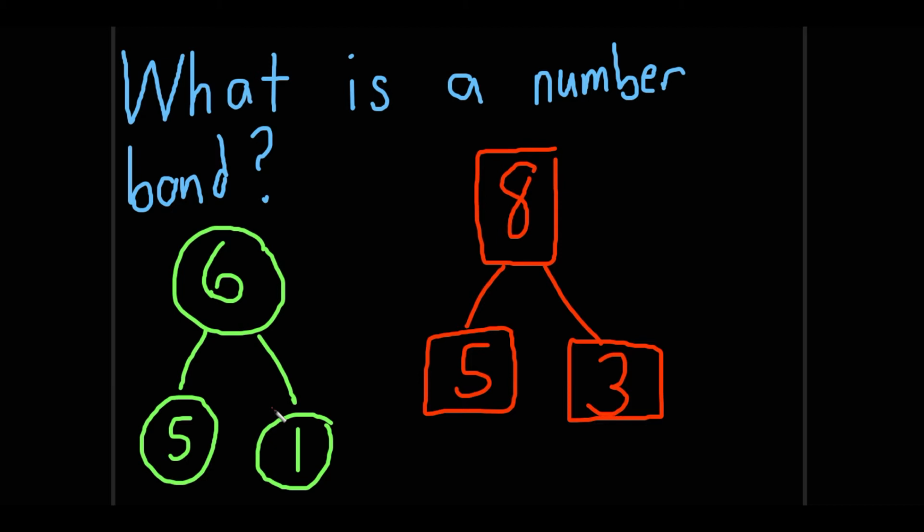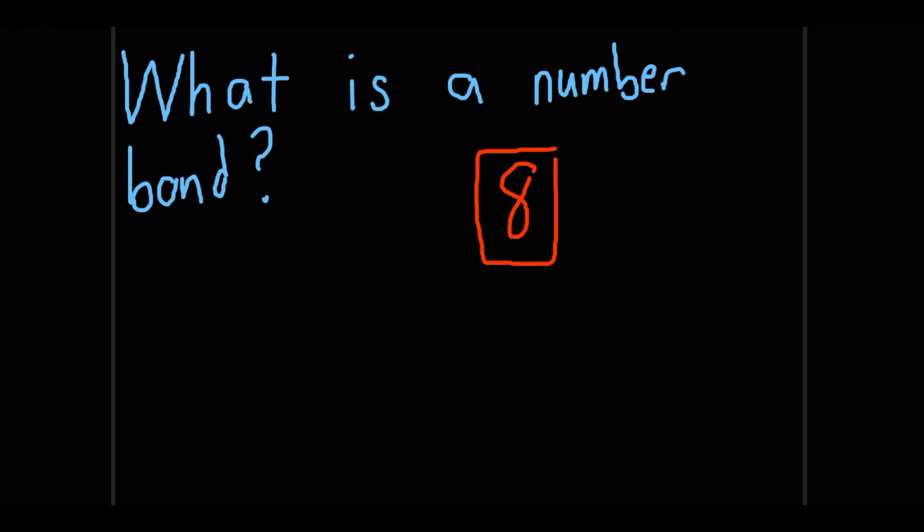Now, what's interesting about number bonds, and let me go ahead and clear up some of our space here, is that sometimes they will be framed like this with circles or ovals, however you want to look at it.